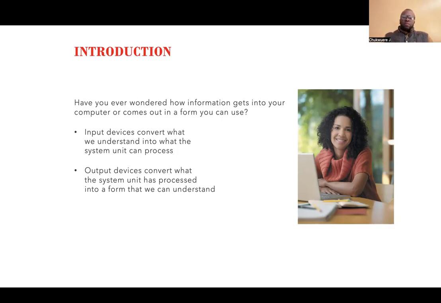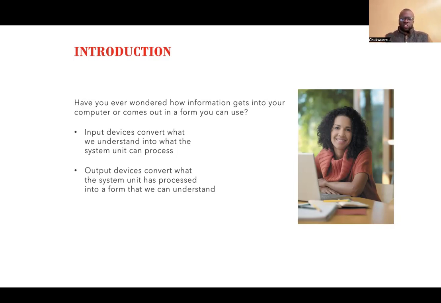And now, after the processing has taken place, there is another element, output, which is what you can also understand. So you put something into the computer, whether text, image, or any kind of format, it processes that, and then it gives you output. That output comes out through output devices.